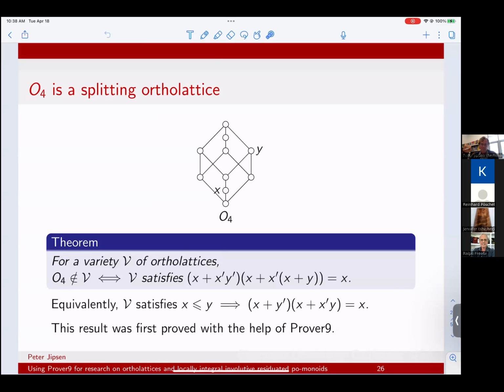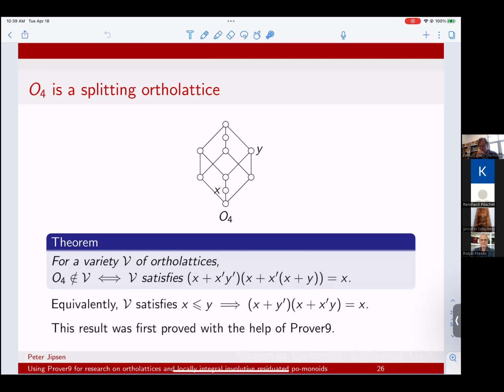So finding splitting lattices above H is interesting because it helps you check what's going on with your list of covers. And the theorem, of course, is that in any variety of ortholattices, if O4 is not a member of the variety, then it satisfies a conjugate equation. And this is what the equation looks like. But in practice, you always use this implication because it's slightly simpler.